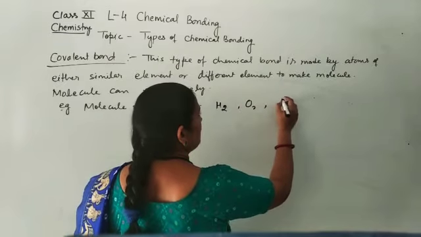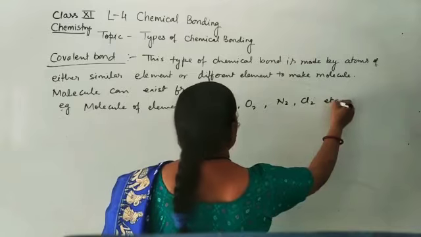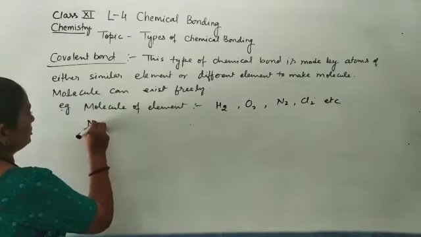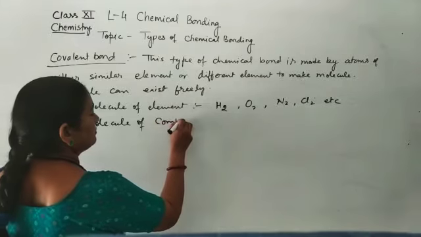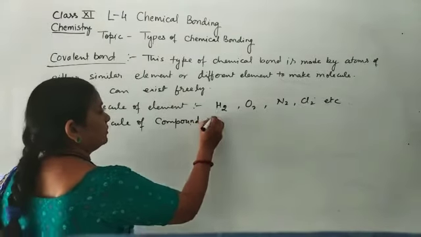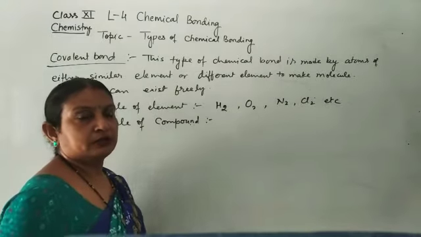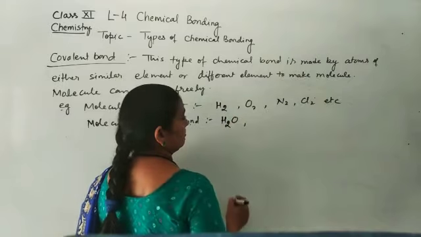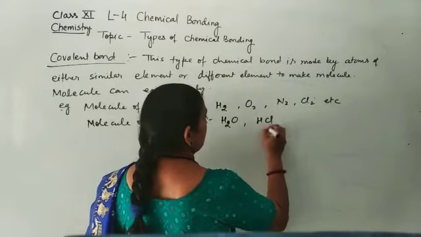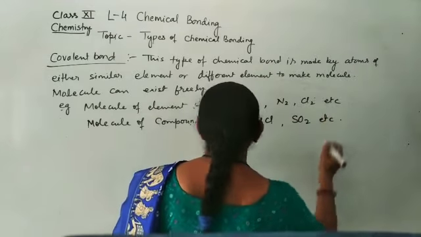For example, H2, O2, N2, Cl2, etc. And molecule of compound: when a covalent bond is made by sharing of electrons with different types of atoms, then it is called a molecule of compound, like H2O, HCl, SO2, etc.